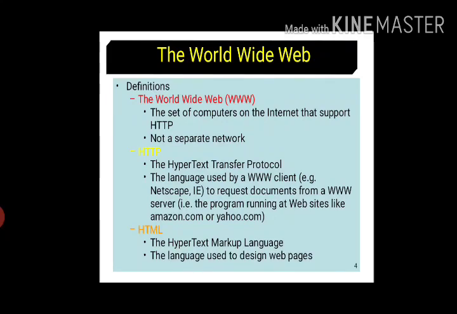The World Wide Web is a set of computers on the internet that support the hypertext transfer protocol, which is a protocol used for transferring data from one system to another over the internet. HTML is a language used for creating this type of website.